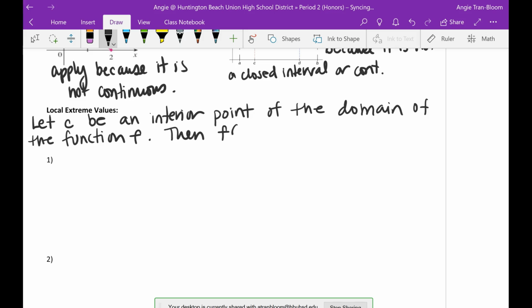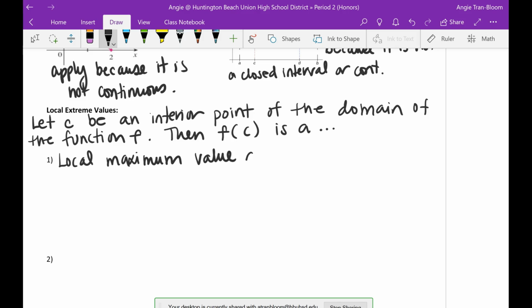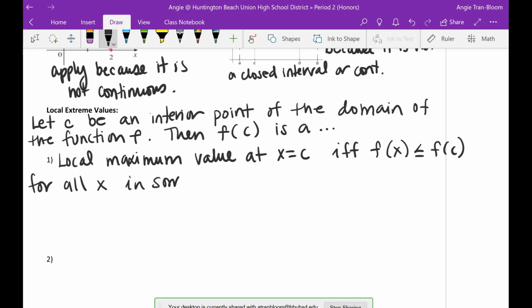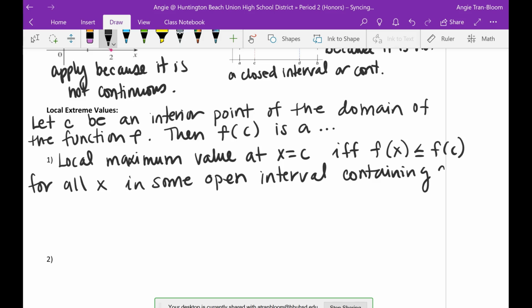Then f of C is a local maximum value at x equals C if and only if f of x is less than or equal to f of C for all x in some open interval containing C.